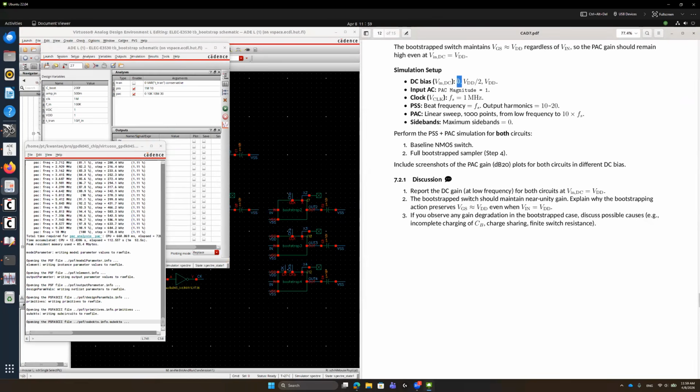And I will just skip Vin equals 0 volt, which you can obviously check. It will show a very nice smooth PAC curve for both the baseline MOS and bootstrap switch.